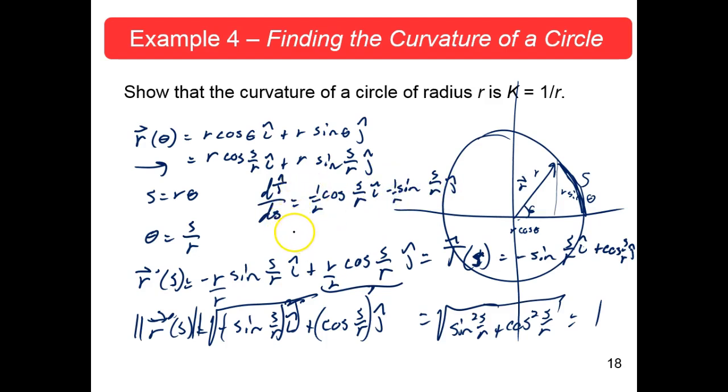So what that gives you is minus 1 over r times cosine s over r i plus sine s over r j. Okay.